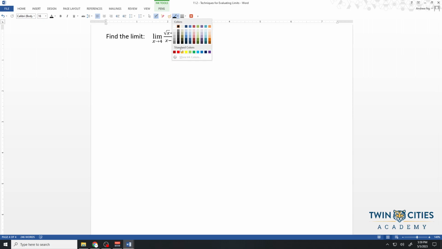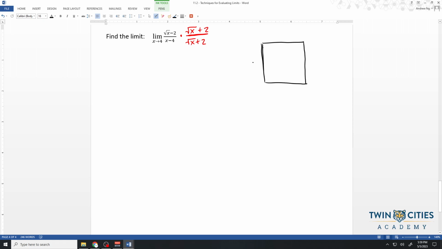Okay, let's multiply by the conjugate of the top. That means we're going to multiply the top and the bottom by the square root of x plus 2. Off to the side, we'll make a box. And as you get better with these, you might find that you no longer need to do this step.